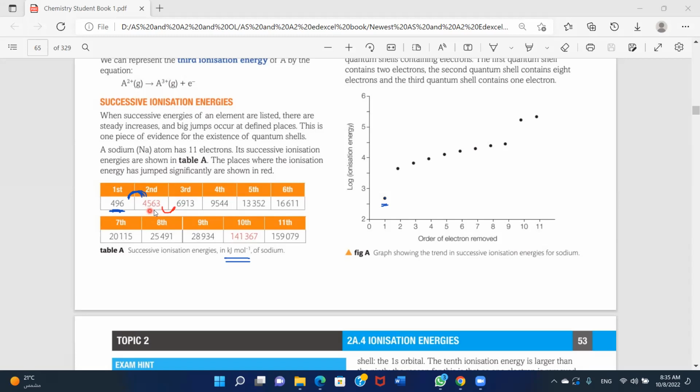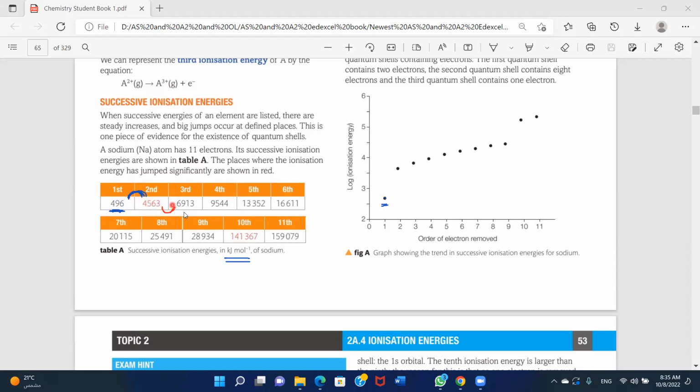Here we have 4,563, and here we have 6,913, about 2,500 difference. We do not consider it a jump because this second ionization energy was 4,000 by itself. Here we consider this a jump because this number was in hundreds and we got 4,500. So this is a jump.